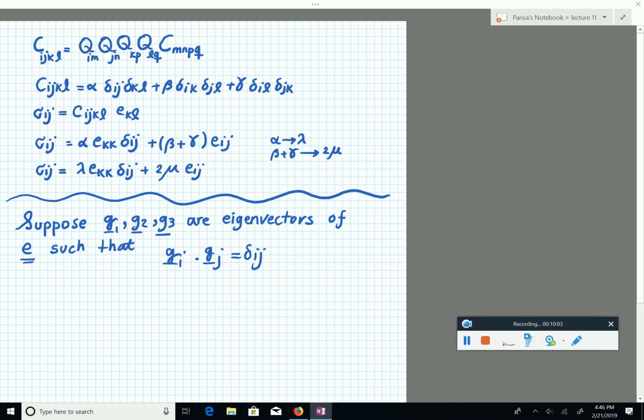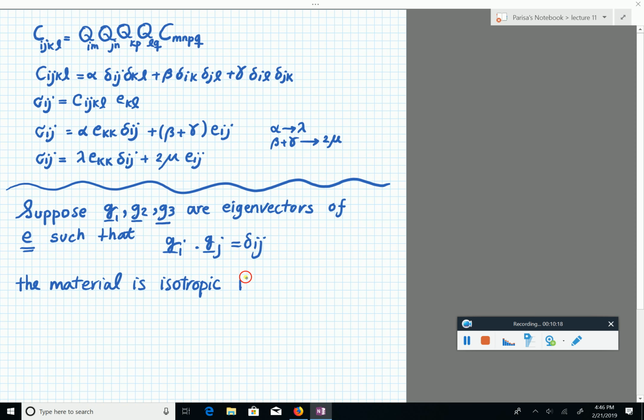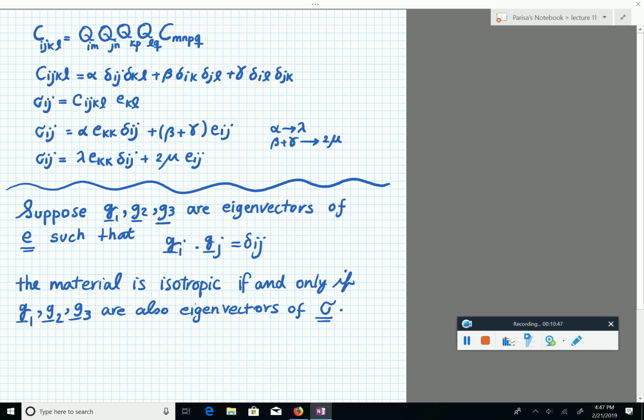In the realm of linear elasticity, the material is isotropic if and only if G1, G2, G3 are also eigenvectors of sigma.